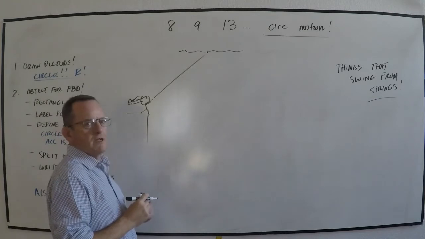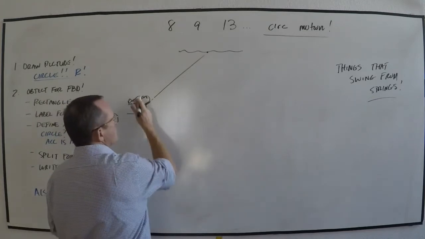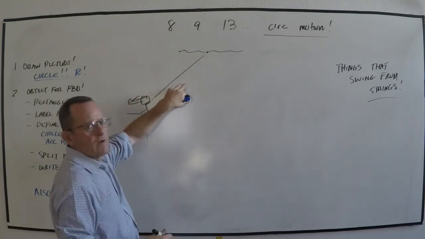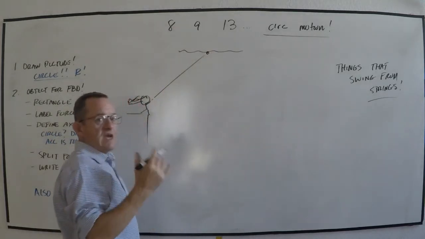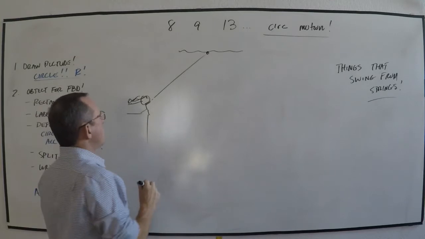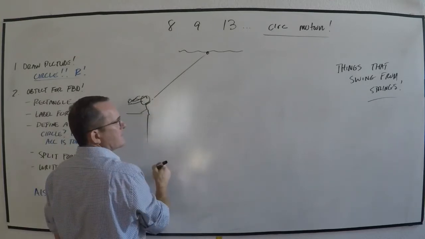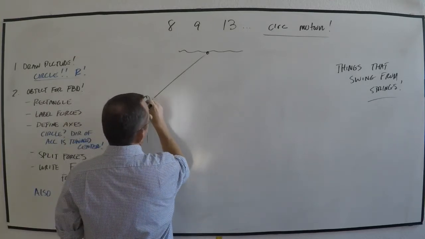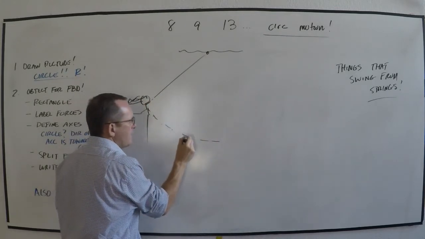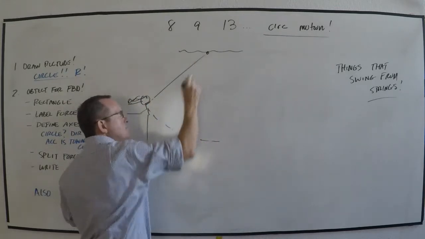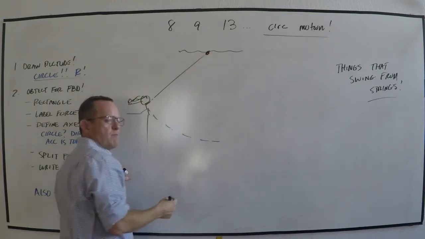A couple simple principles. When something swings from a string, and it could be a vine or a rope or a wire or whatever, one end is fixed. That's important. The other end has the object. So as the object swings, every point in their motion is the same distance from this fixed point.